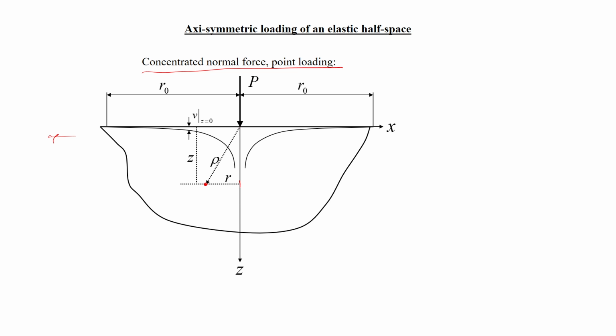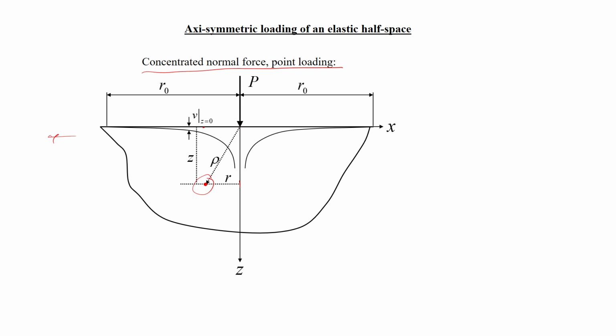So, at this particular point, what are the stresses that are developing, and then we can find out the kind of deformation that is there, and if this point goes to the surface, that is at z is equal to 0, then what is the deformation there. That is the kind of question we can answer, and we can follow a solution process very similar to the one that we had done earlier.